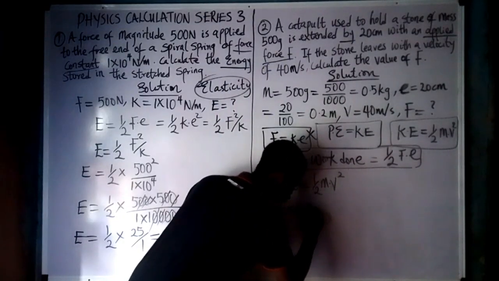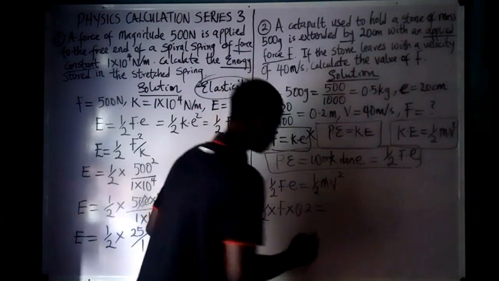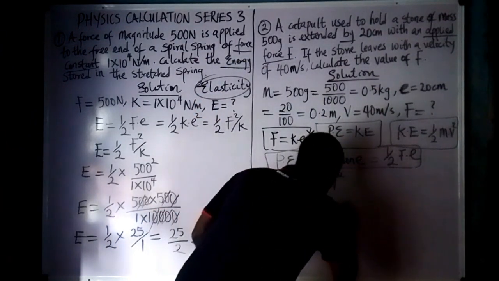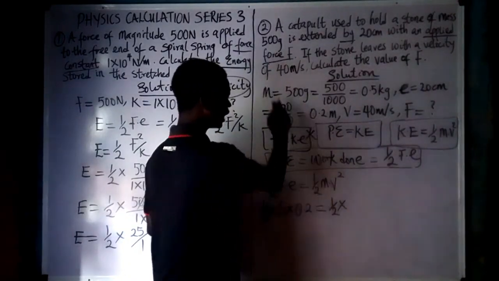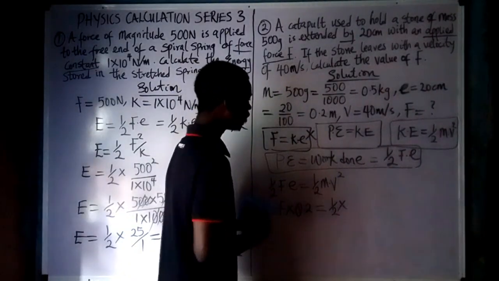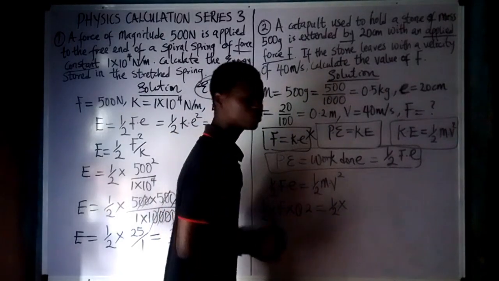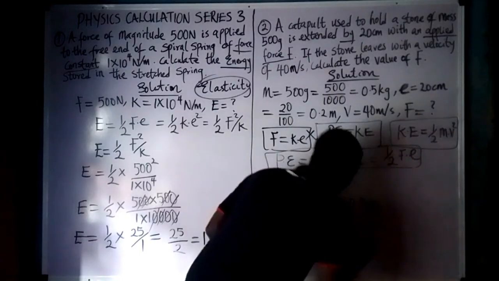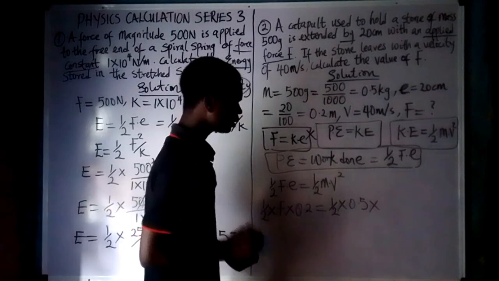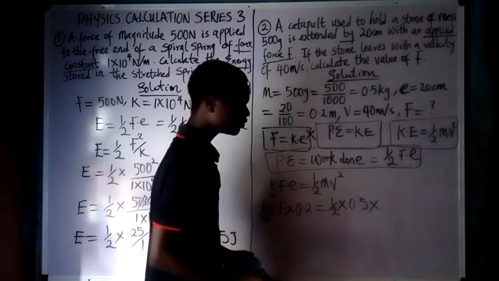0.2. We'll now say it's equal to 1/2 times, what do you have here? M. What's the value for M? We're given M as 500 gram, but we converted to SI unit, and the value we have is 0.5. And that is what we are working with. Now, what else was given? Velocity squared. Do we have a value for our velocity?